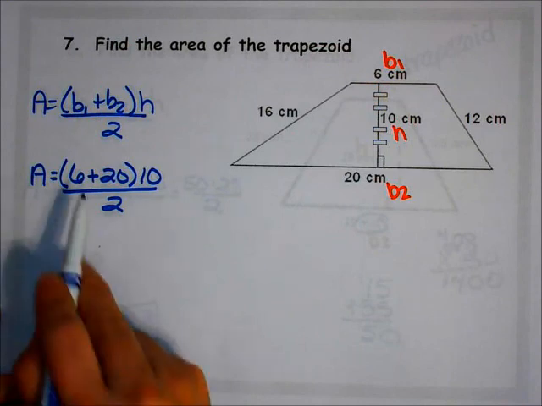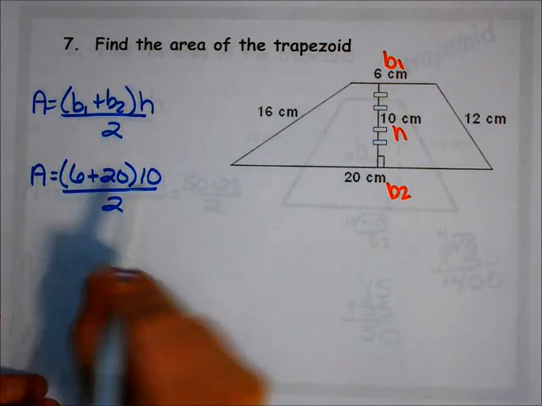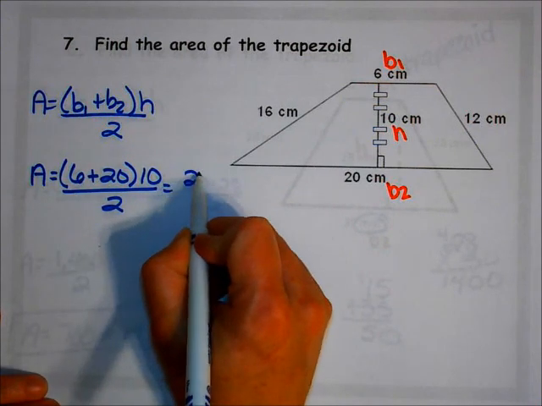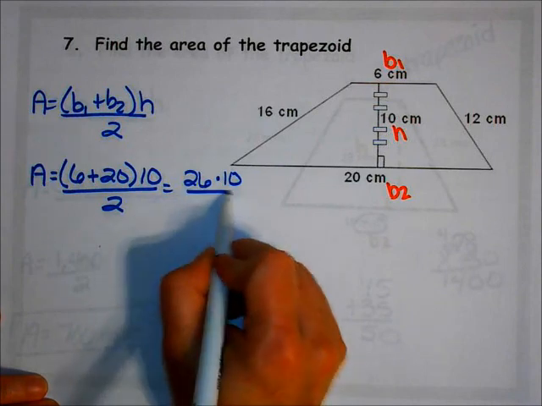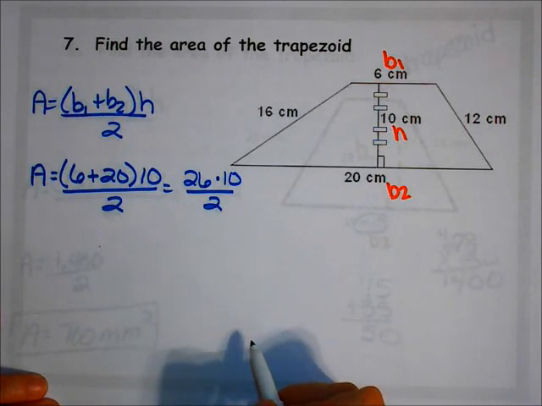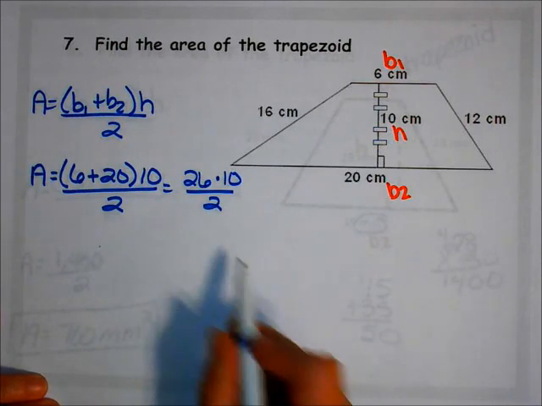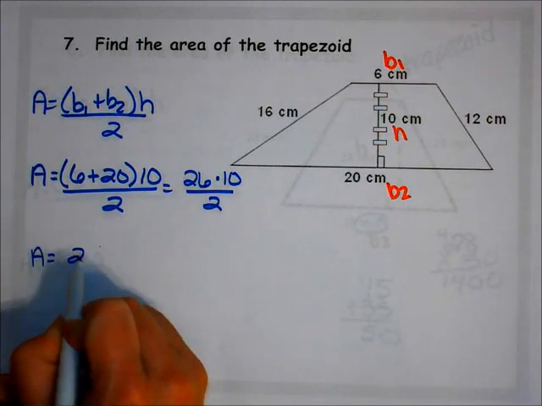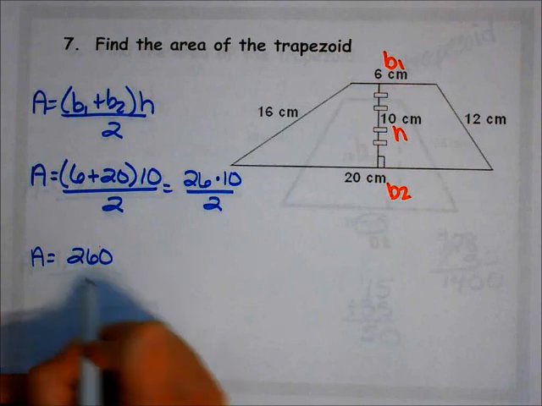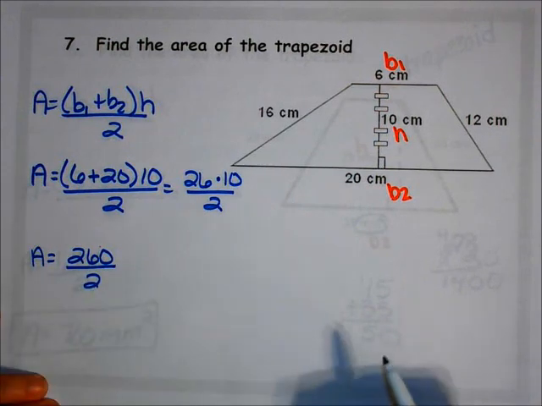So Aunt Sally tells me to do parentheses first, so 6 plus 20 is 26, times 10 divided by 2. So I need to multiply next. 26 times 10, that's 260. 260 divided by 2.